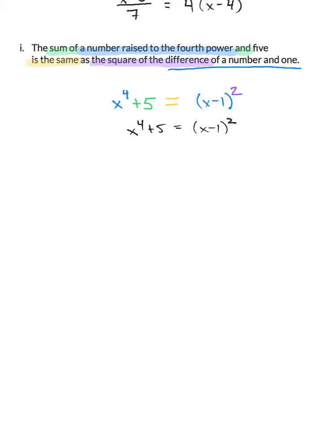Now, let's go back to the previous problem and talk about what if we rearrange what it says? And actually, we can do it on this one as well. The main thing that I want to look at is this one first. I want to just work with the square of the difference of a number and 1.